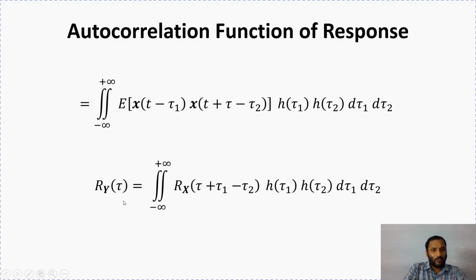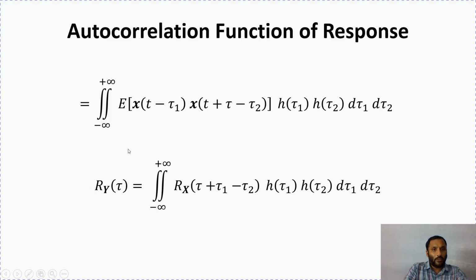Now when you have this type of autocorrelation function, a function of only the time difference between these time points, then we have satisfied the second condition of the Wide-sense stationary process. Now what about the mean of the process y of t? We calculated that mean in the previous lecture.